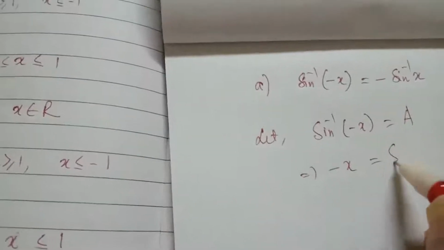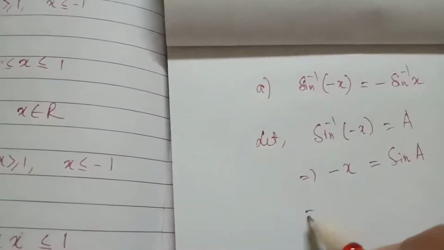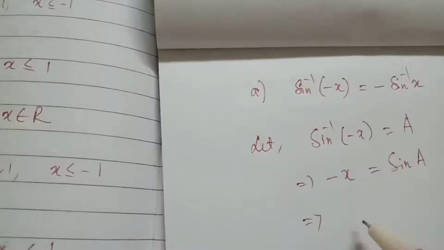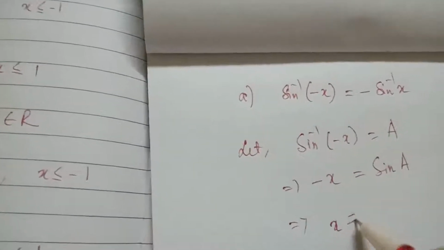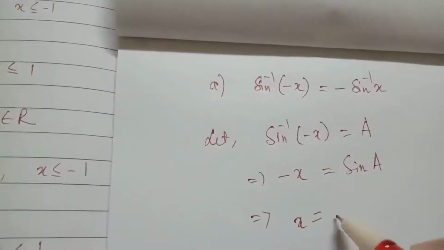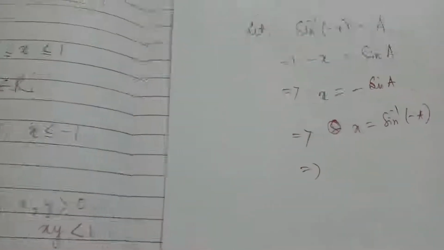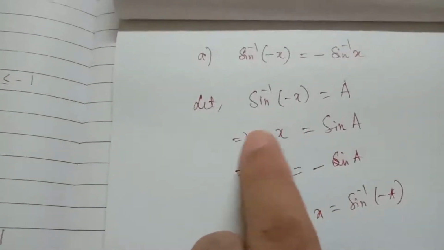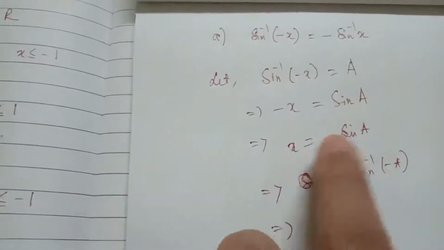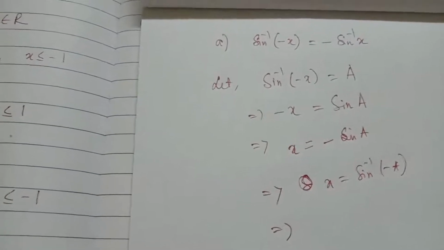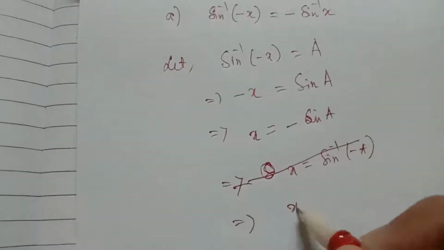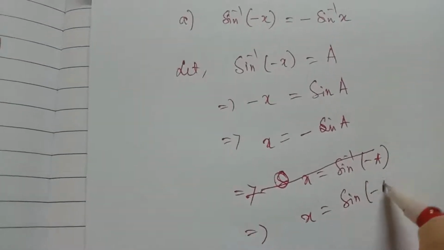Then minus x is equal to sine a, so x equal to minus of sine a. Now, x equal to sine of minus a.